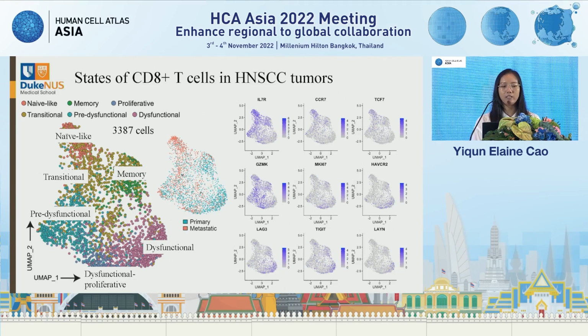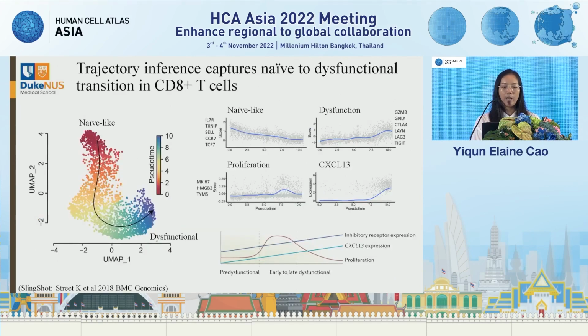Then, based on these clustering results, I applied Slingshot to infer the trajectories. And using the late dysfunctional cluster as the endpoint, Slingshot identifies one trajectory starting from the naive-like state. This naive to dysfunctional transition is supported by the changes of known features.